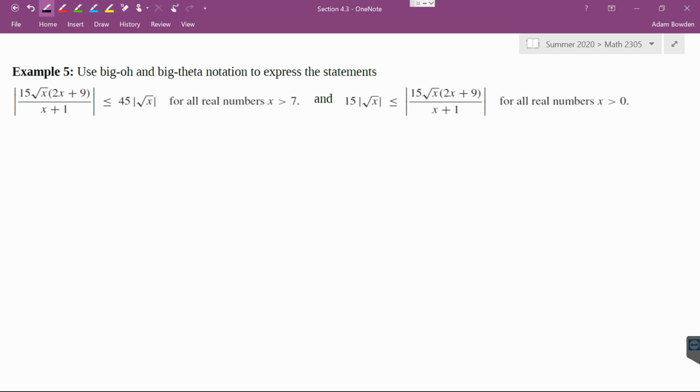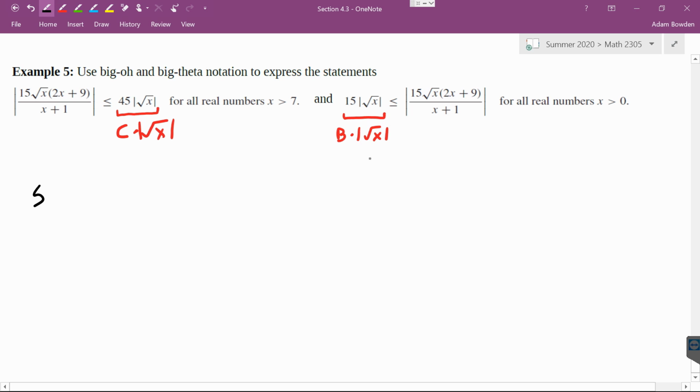Now this next example has a lot going on. It says use big O and big theta notation to express these statements. And I'll let you see what those statements entail. But basically what I'd like to highlight here is how on the side here with the 45 absolute value square root of x, we can write that like a constant c times the absolute value square root of x. And then on the other one, that can look like a constant b times the absolute value of the square root of x.